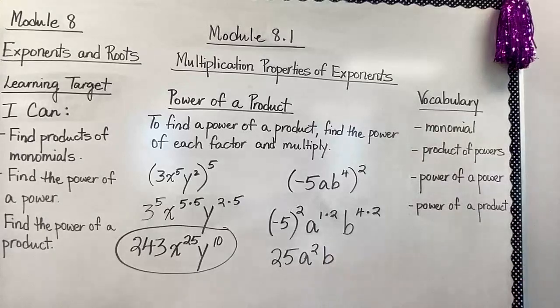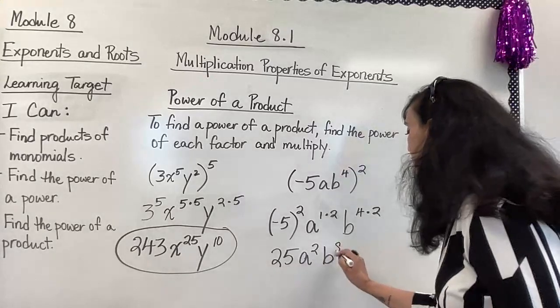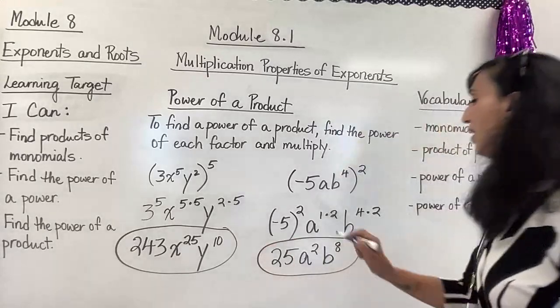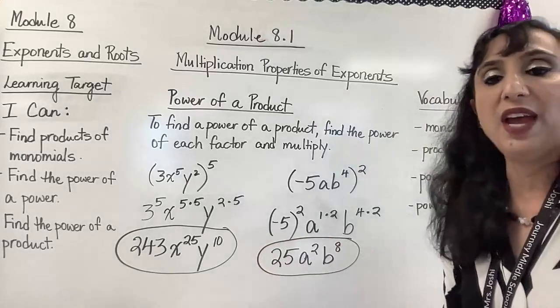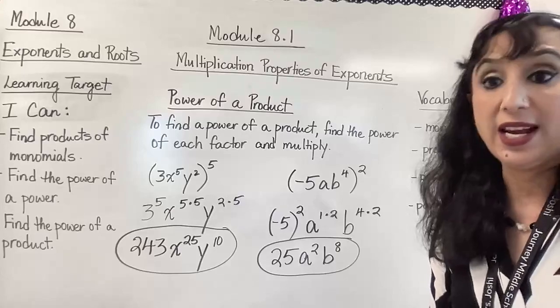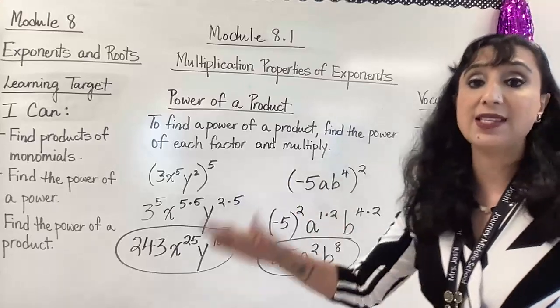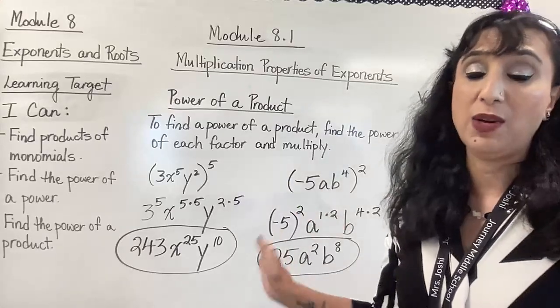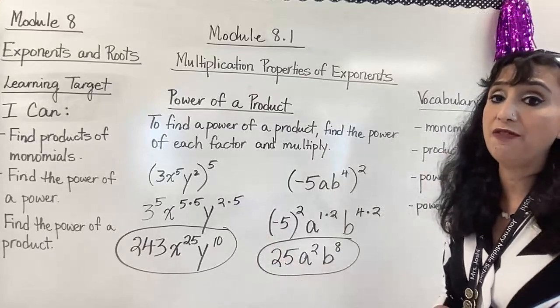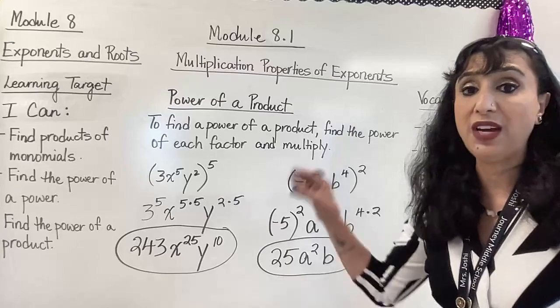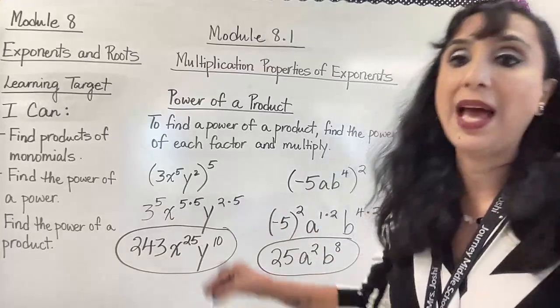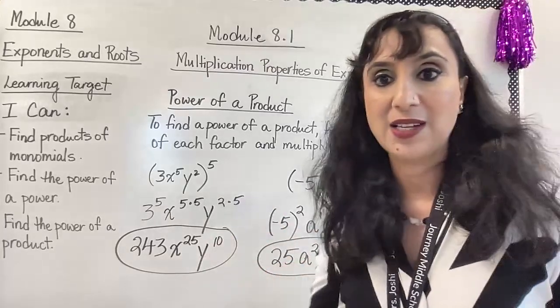B, 4 times 2 gives me 8. So this is my simplified version, 25a squared and b to the 8th power. And that is a power of a product. Once again, to find a power of a product, you're going to find the power of each factor and then you are multiplying it. Okay?